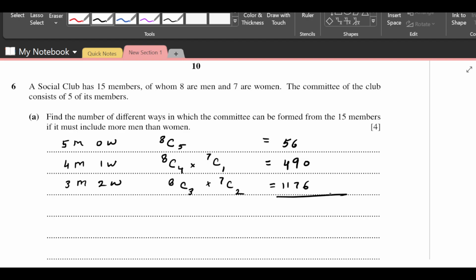So the total arrangement will be 1722. Okay, this is A part.